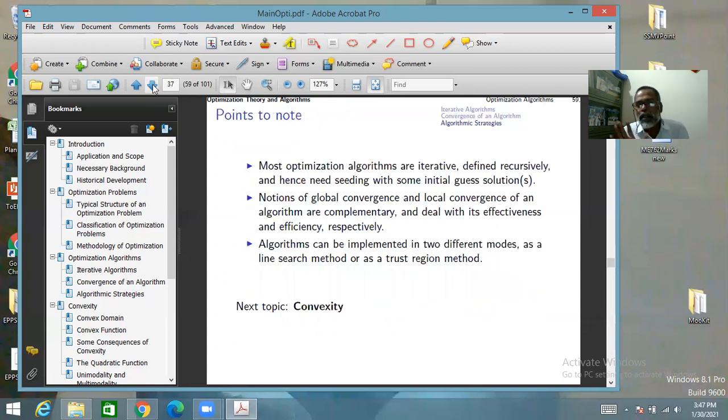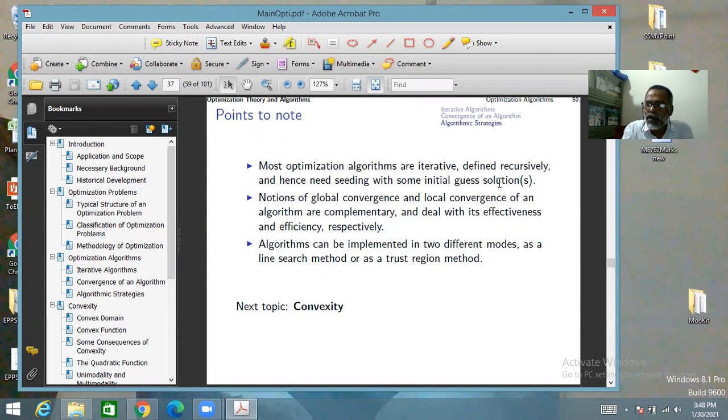So this is what we need to discuss at this point about optimization algorithms. Otherwise, the entire course is full of different kinds of such algorithms. Whatever algorithm we pick up on these issues, we will discuss them, evaluate them, and experiment on them. Most optimization algorithms are iterative, defined recursively, and therefore typically need seeding with some initial guess solutions.